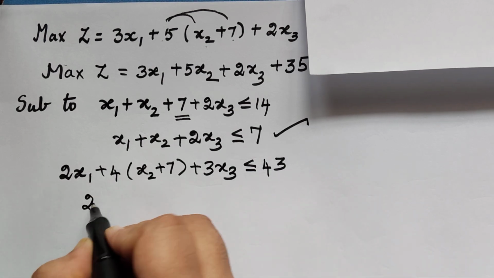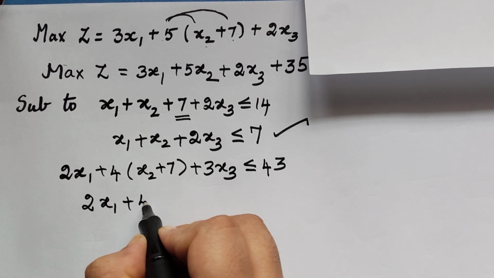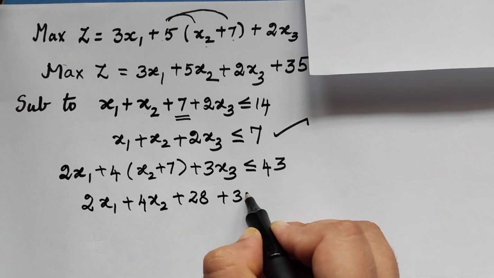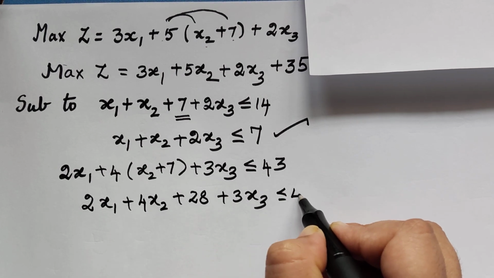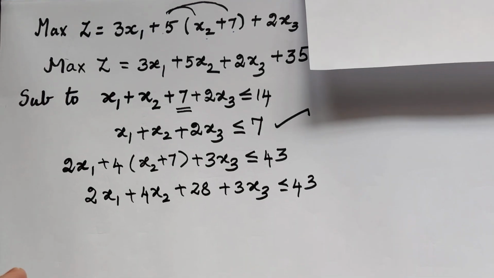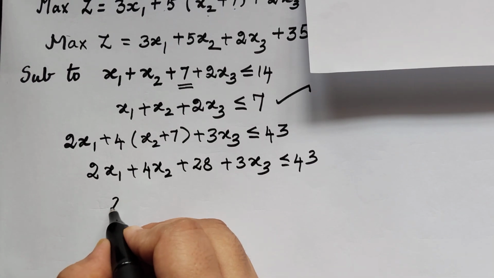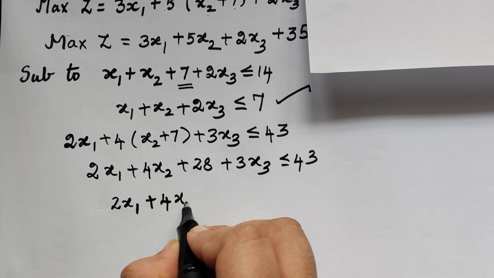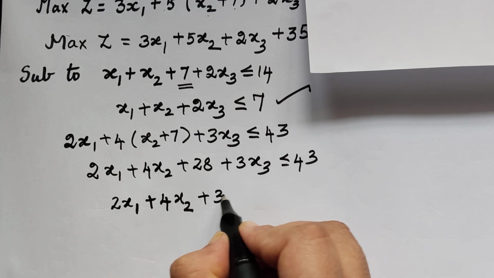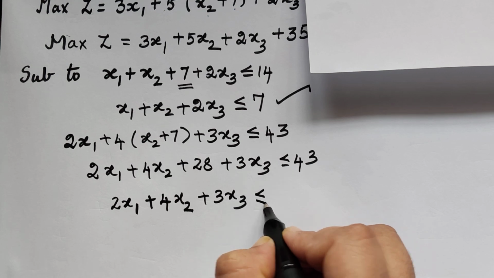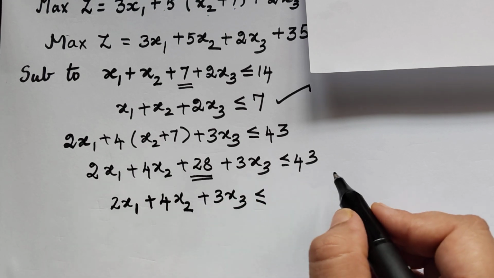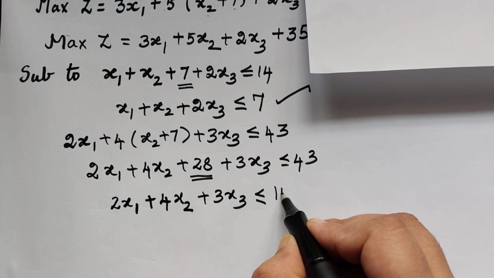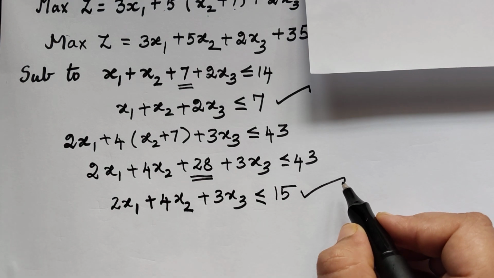Now this becomes 2x1 plus 4x2 plus 28 plus 3x3 lesser than or equal to 43. And further simplifying this, we will get 2x1 plus 4x2 plus 3x3 is lesser than or equal to, taking this 28 to the right, we will be having 43 minus 28, that is 15. So this is the second constraint.